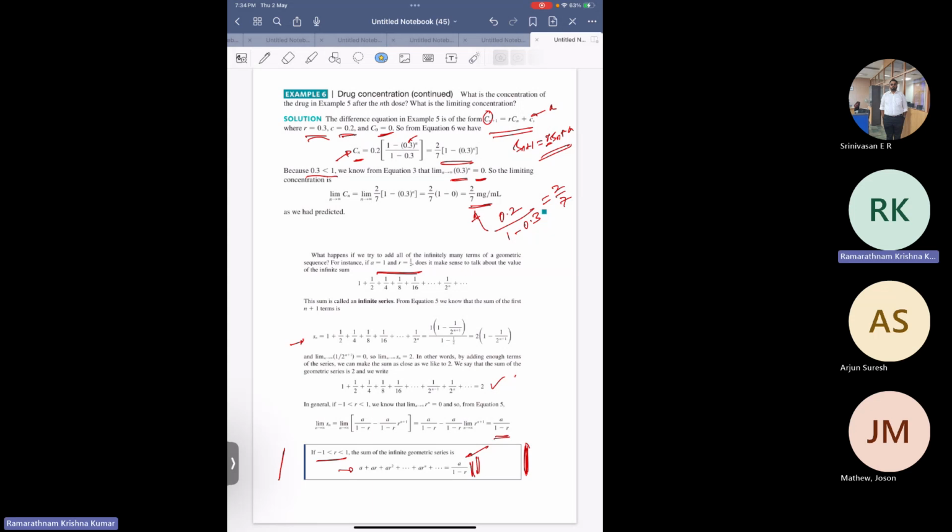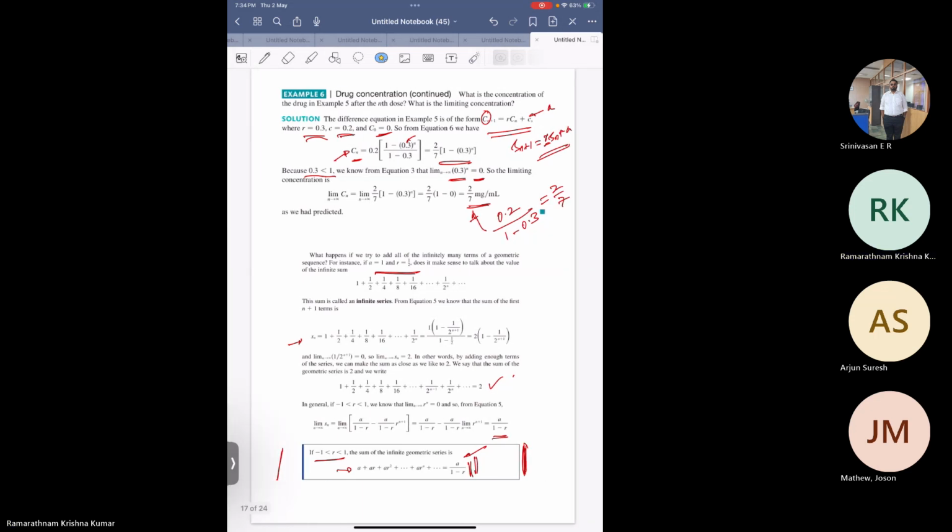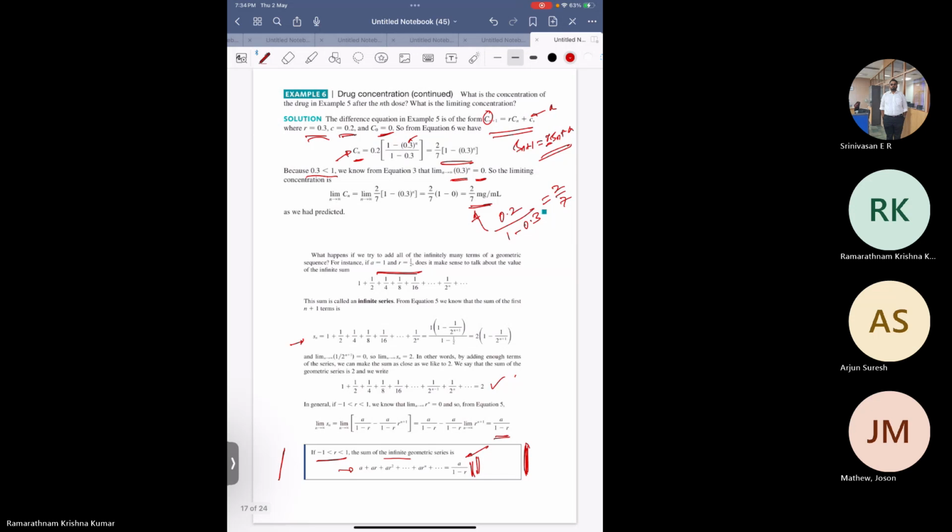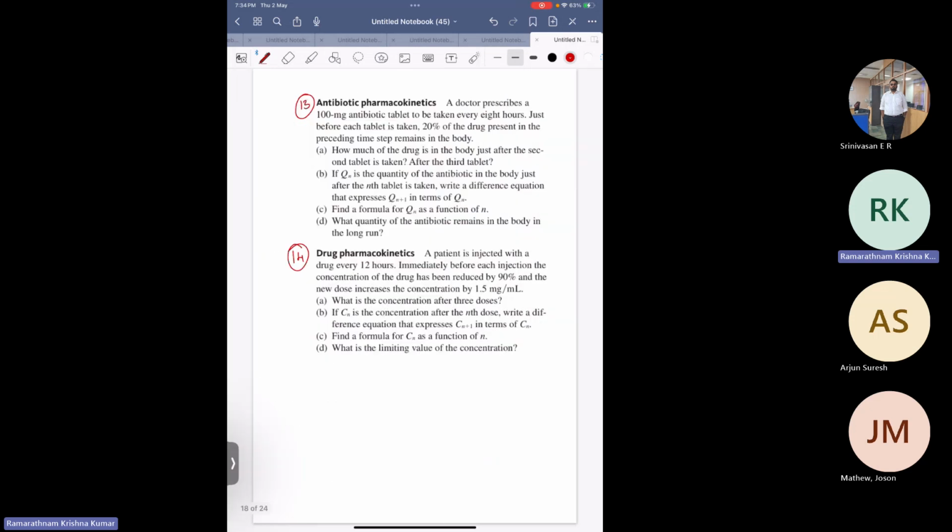This is for infinite geometric series. If it is for n days, I will use this. Now let's see how you're going to solve this. Can you try? How much of the drug is in the body just after the second tablet, after the third tablet?